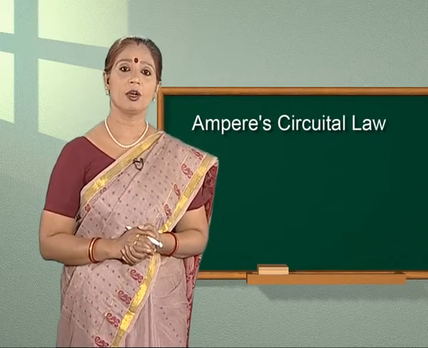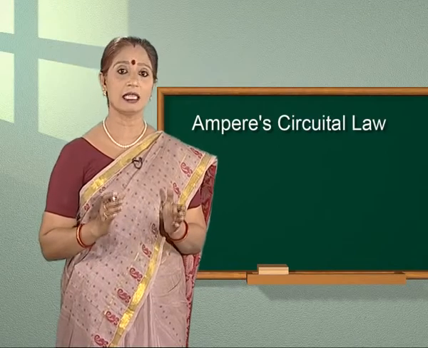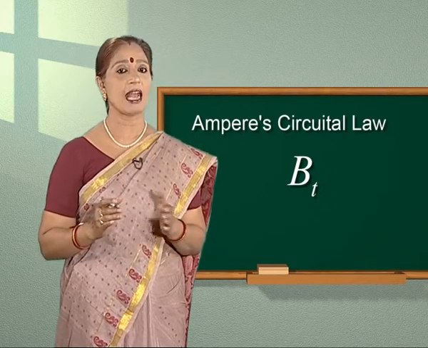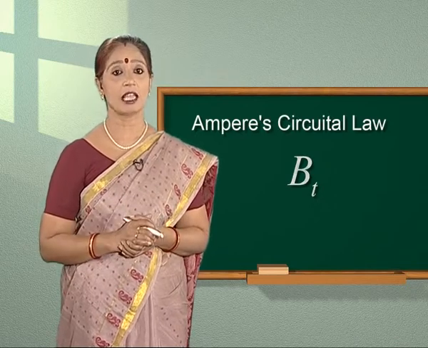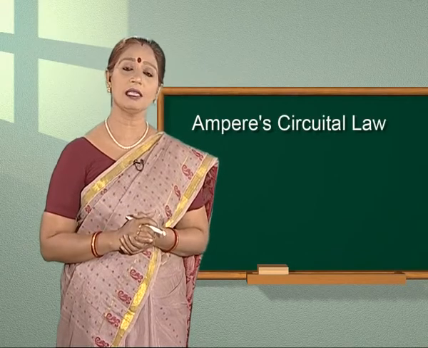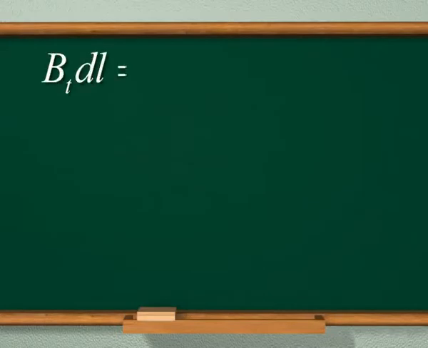Let the value of the tangential component of the magnetic field at this element be Bt. Then Bt and dl are acting in the same direction. Therefore, the angle between them is 0. Then the product of Bt and dl for that element is equal to the dot product of B and dl.